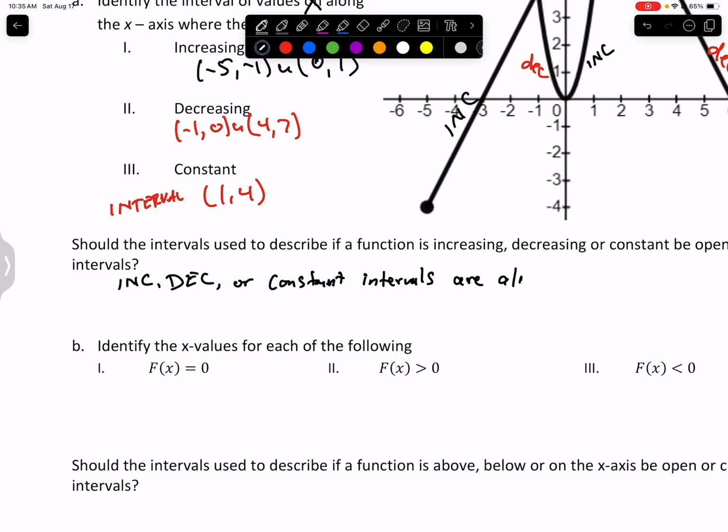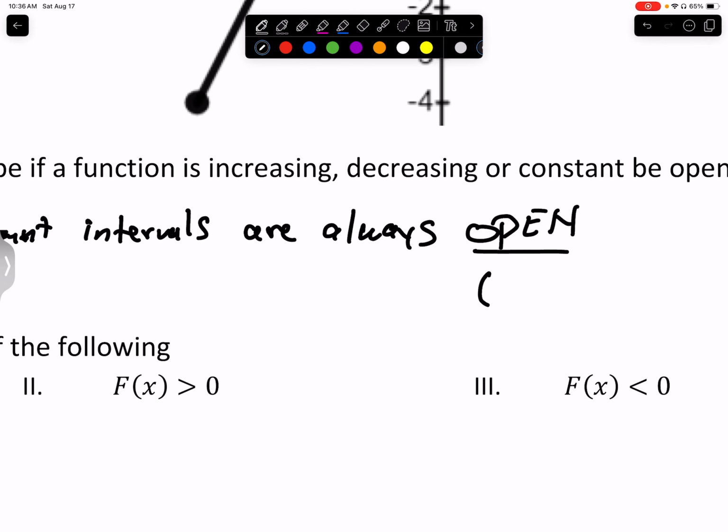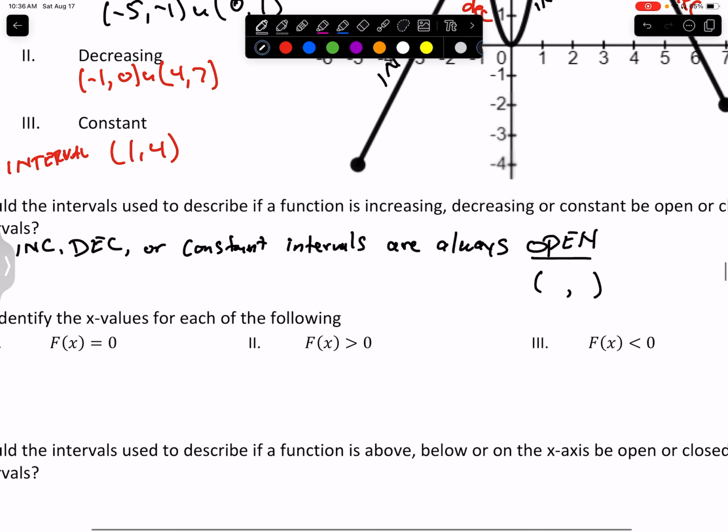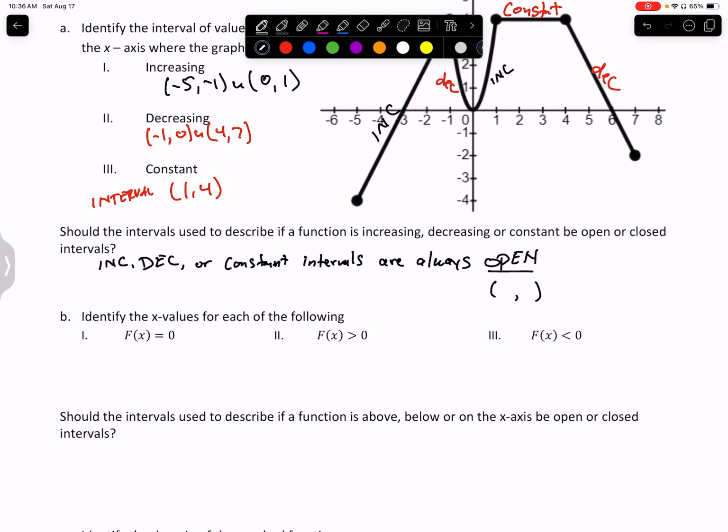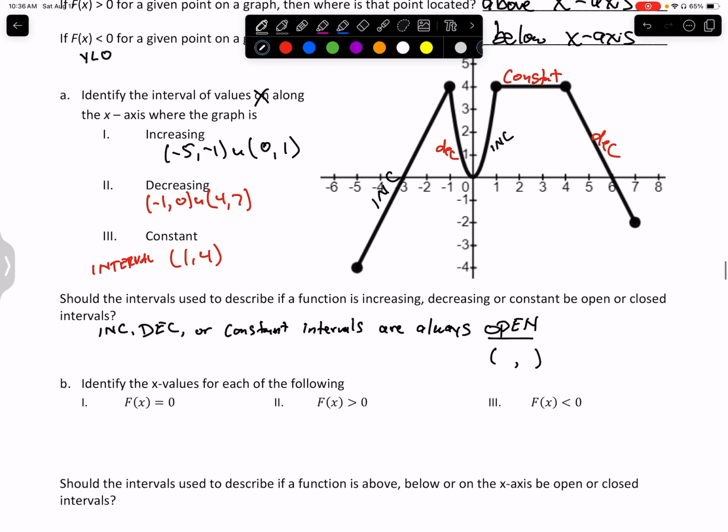We'll just say are always open. Intervals is implied. Open means parentheses. Closed means brackets. All right, part B, same graph.